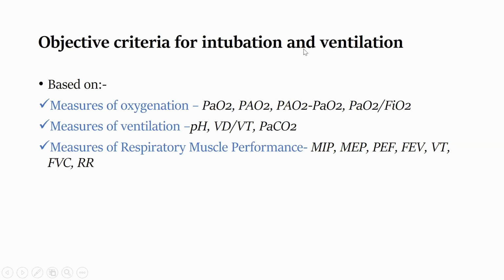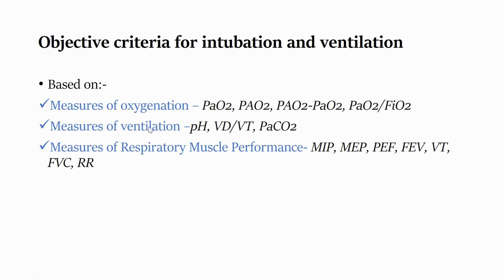I don't know how many of you are really using ABG analyzers. I think there are private ICU settings in Addis that are currently using ABG analyzers. So you can use these things to assess your oxygenation parameters. The commonly used one is the PaO2/FiO2 ratio, which is actually the Berlin definition for ARDS.